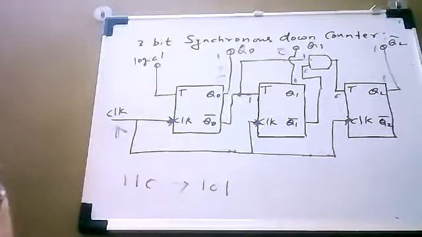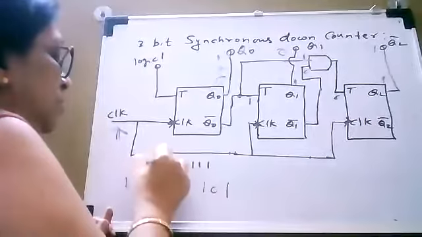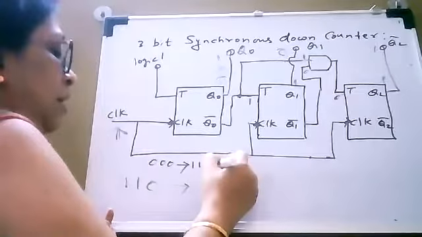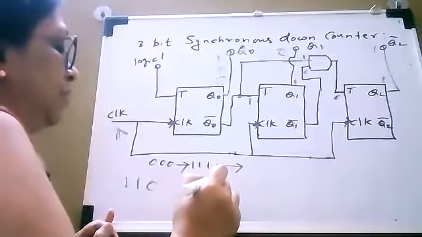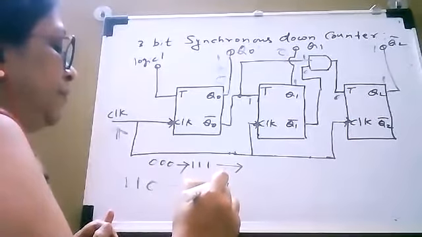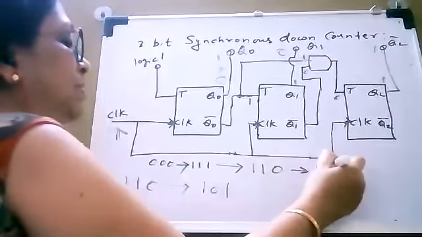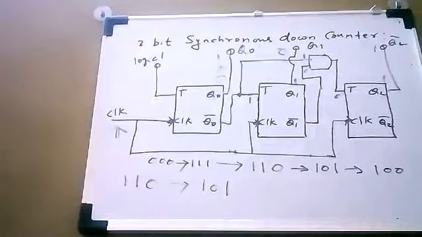So in this way you can see the counting is from 111, and after 111 it will be 110, and then it will be 101. Afterwards you will get 100 and 011, like this.